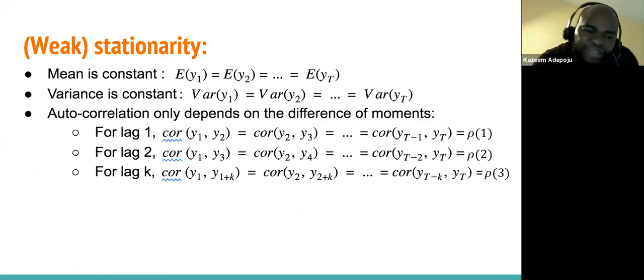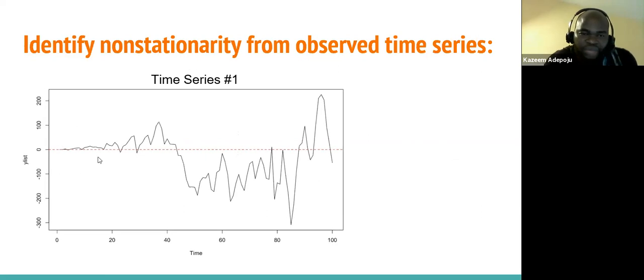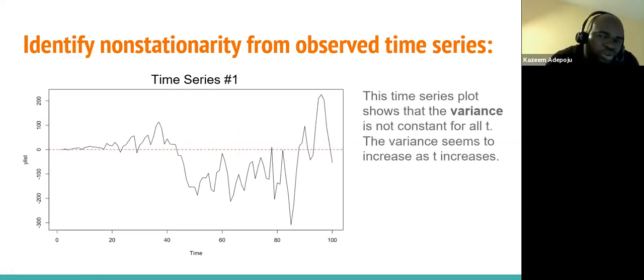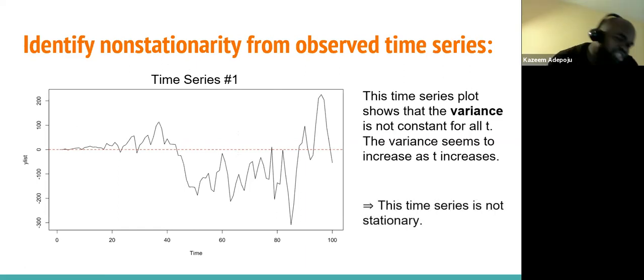For you to declare stationarity, both the mean and variance have to be constant. In a situation where the mean is constant and the variance is not constant, there's a problem of non-stationarity. That is why we said the time series is not stationary, even if the mean is constant.